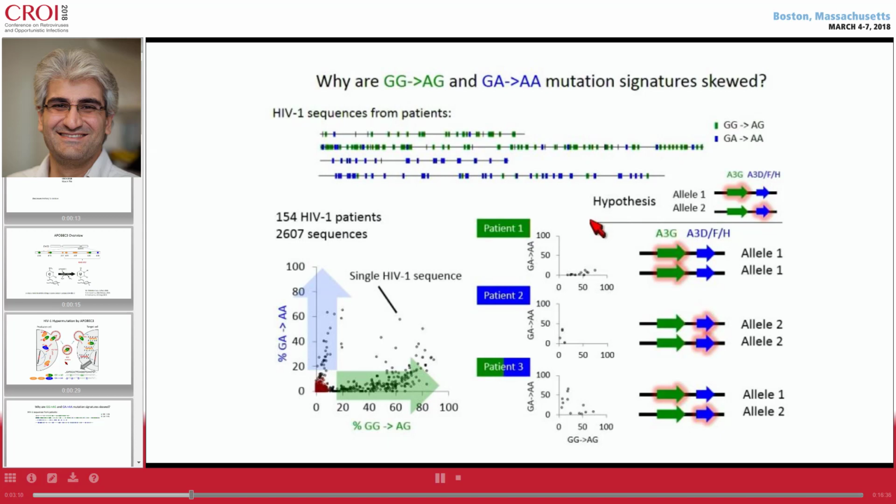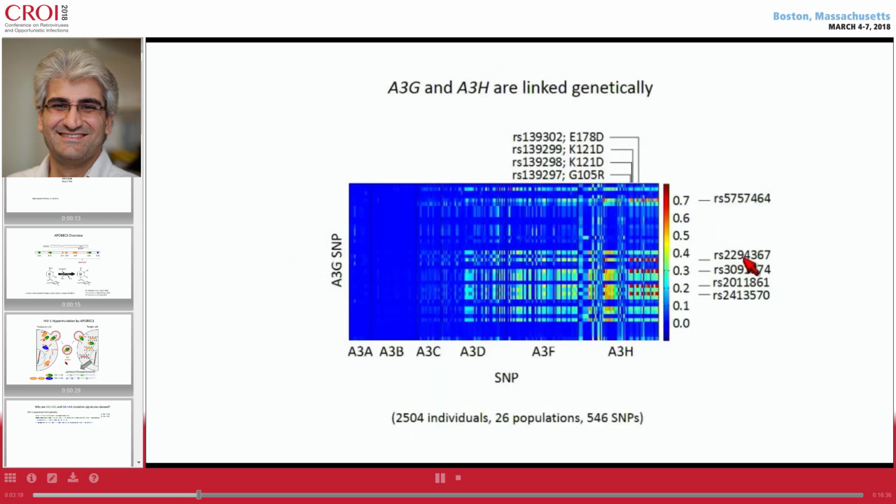To test this potential association between good and bad, and by good and bad, I mean good SNPs and bad SNPs in APOBEC, we performed a genetic linkage analysis of all the SNPs of A3G and all the SNPs of other APOBEC enzymes.